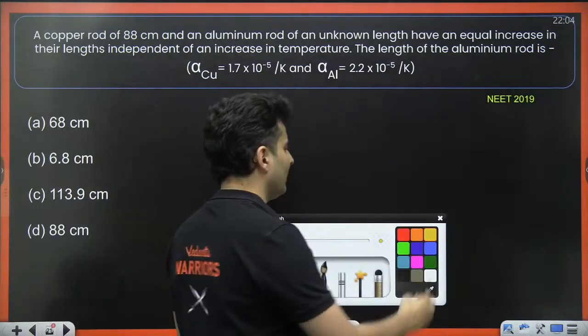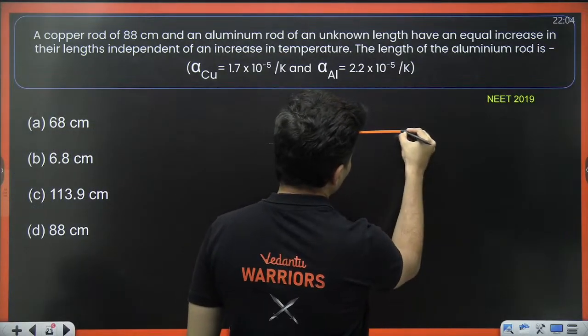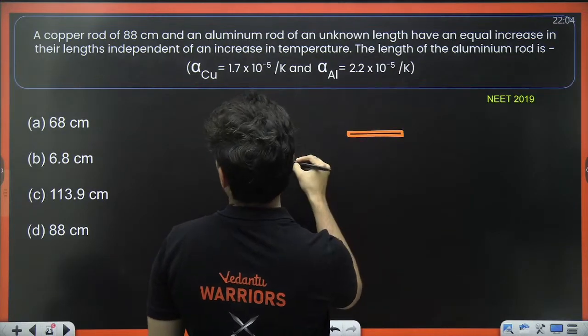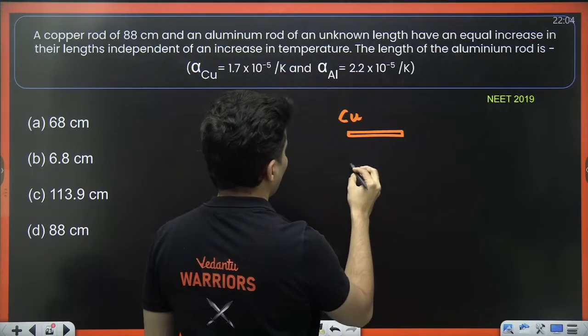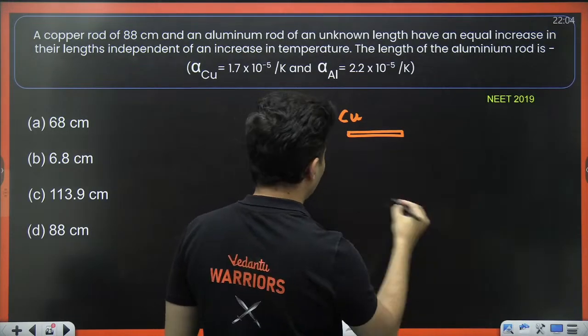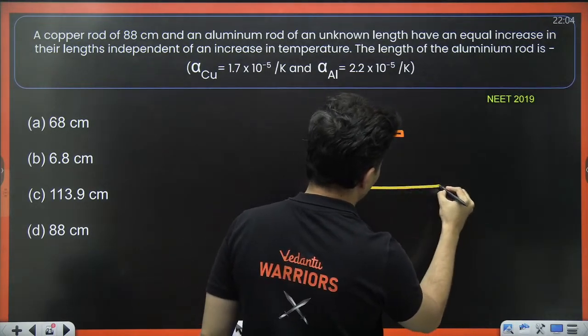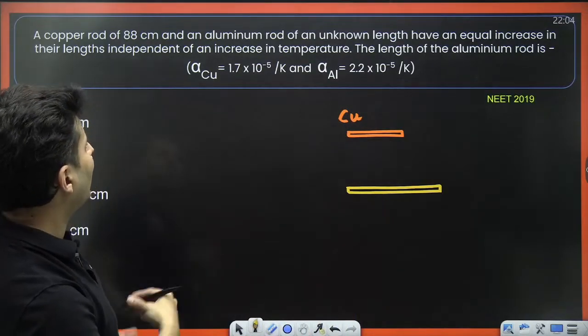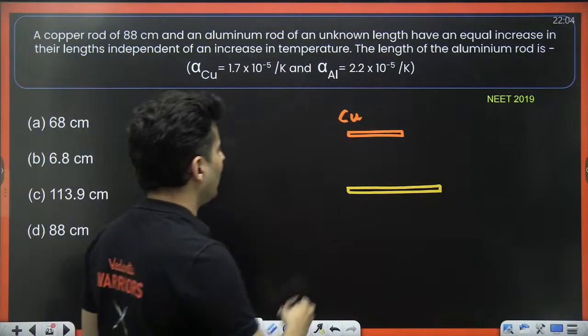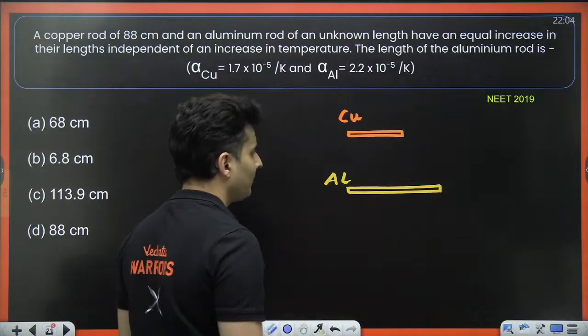Let me make you visualize this. You have a copper rod, and you also have the aluminum rod of an unknown length, not even given to me.